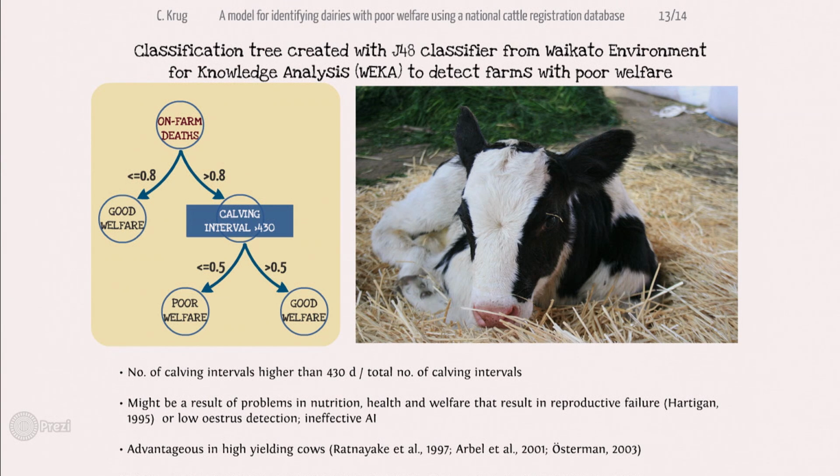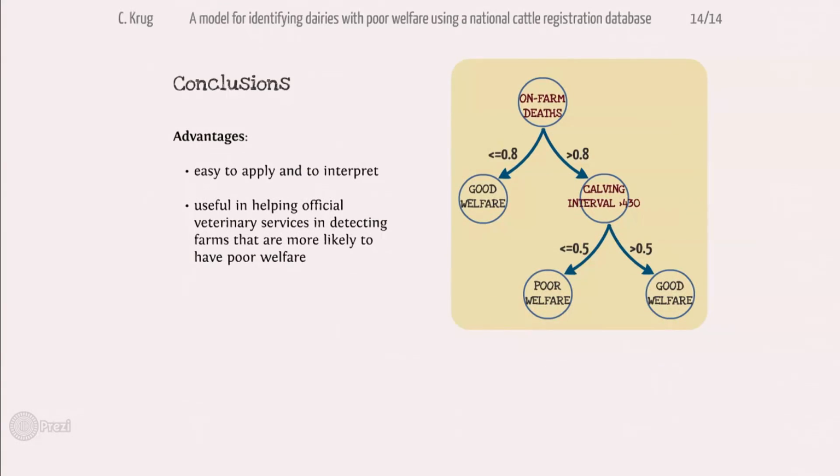Generally, it might be a result of problems of nutrition, health, or welfare, or it can also be a result of other problems that are not directly related to welfare, such as low estrus detection or ineffective artificial insemination. So there are some authors that actually say that long calving intervals can be advantageous in some high-yielding cows.